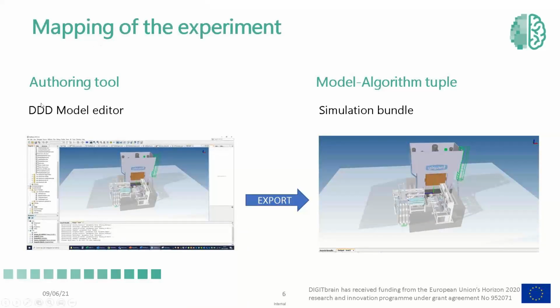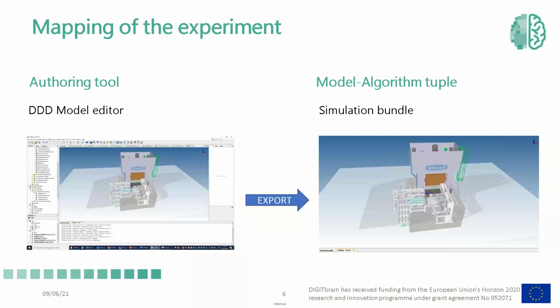So the model is exported and can be used inside the DigitBrain solution as a digital twin, as what is called a model algorithm tuple. We combine the model that we realized with our simulation engine, which is the algorithm that is going to run the model on the DigitBrain solution. And this can be used in other phases of the life cycle of the plant, because you can use it, for example, for production scheduling.